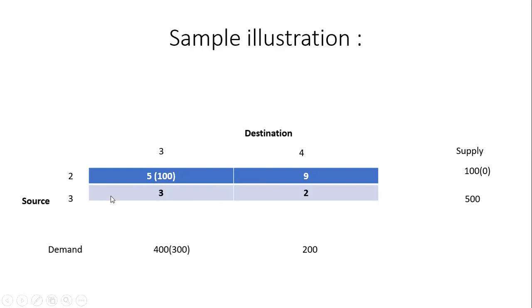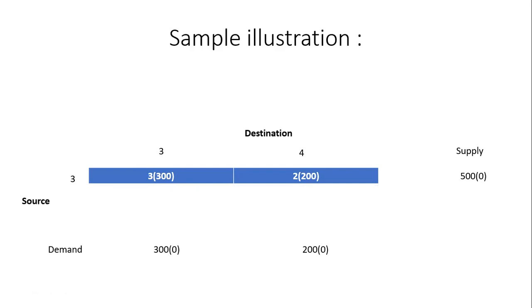In the next iteration only one row will be there and two columns will exist for the last iteration. So supply is 500, demand is 300, so the minimum is the demand value 300 for the cell 3 comma 3. So fix 300 into the cell 3 comma 3 and subtract 300 with respect to the supply and demand.